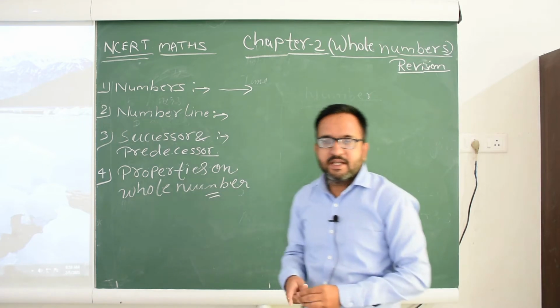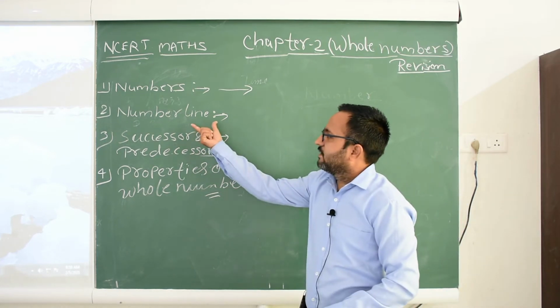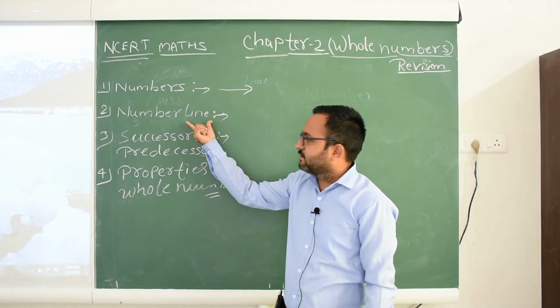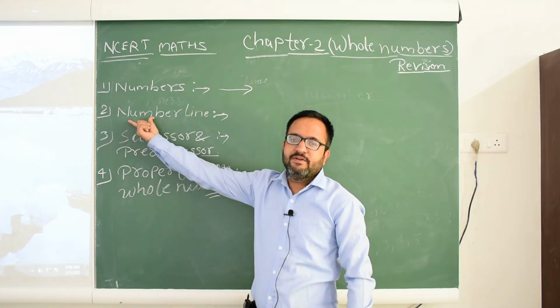What is a number line? A number line is simply a line that represents different types of numbers.